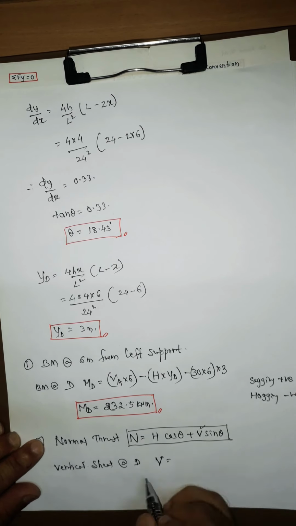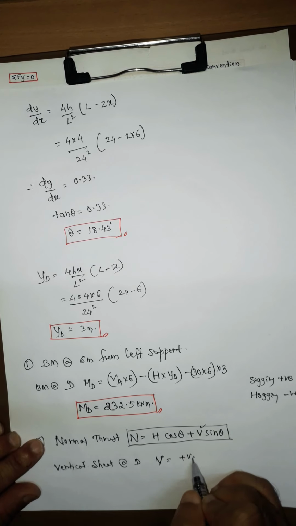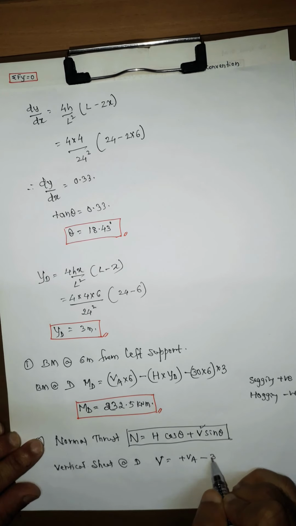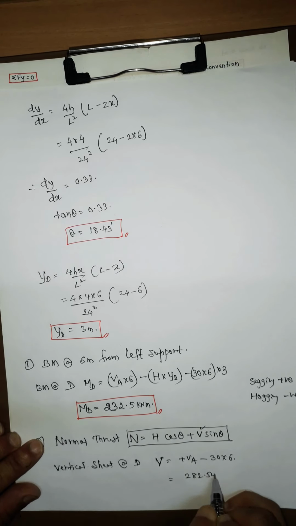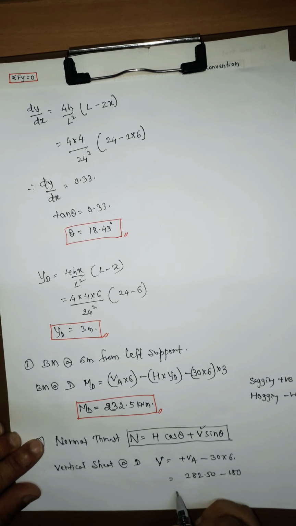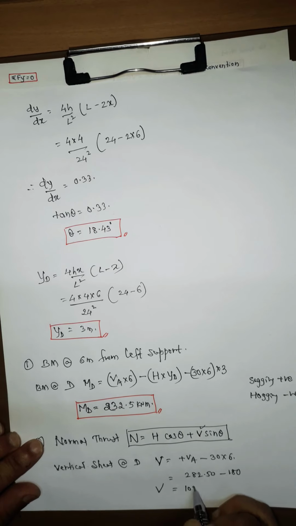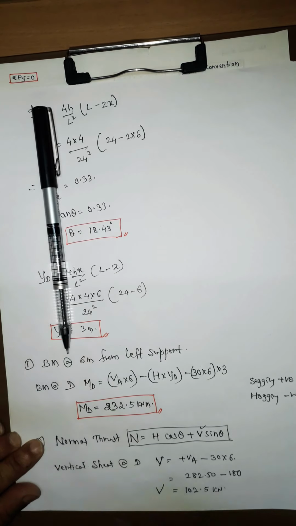So V is equal to plus VA minus 30 into 6. VA is already known, that is 282.50 minus 180. So shear force at D, V is equal to 102.5 kilonewton.